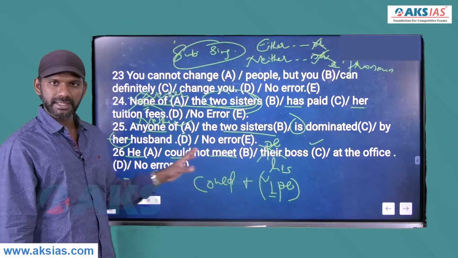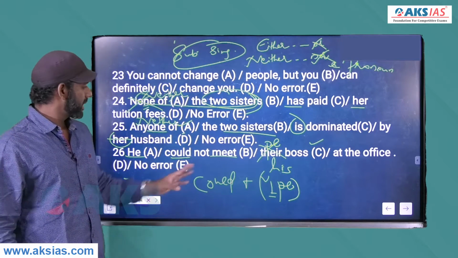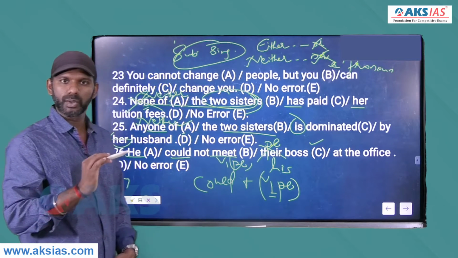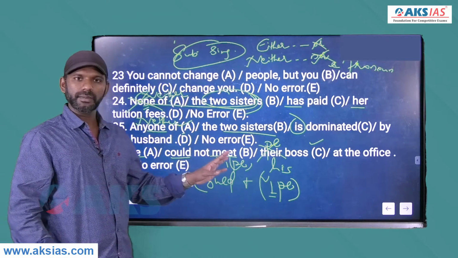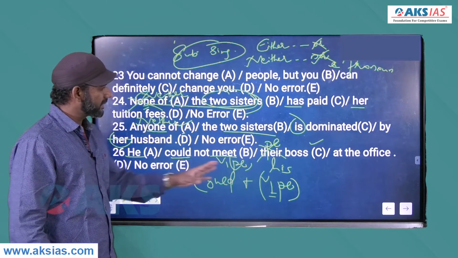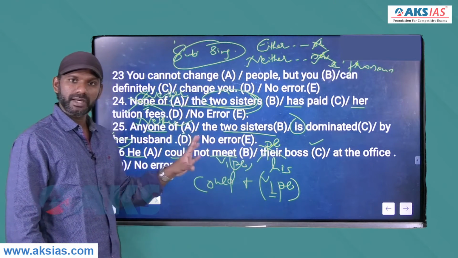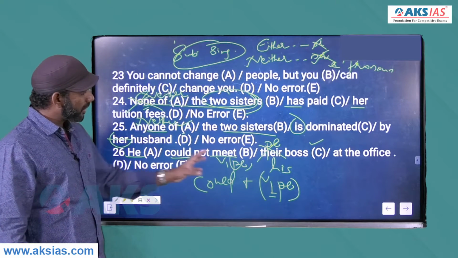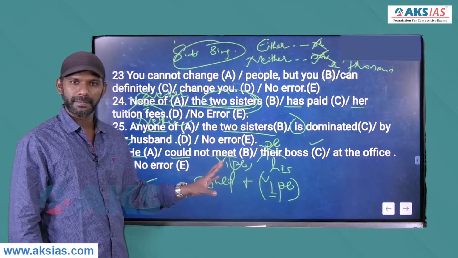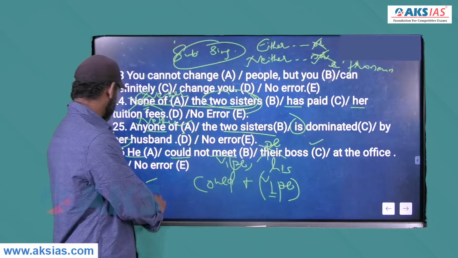So could not meet, instead of could, it's could not, couldn't. Meet is V1 plural because no S, no ES, no IES. So could not meet is could plus V1 plural. That concept is also completely fine. The error in this sentence is in part C. So the correct statement must be: he could not meet his boss at the office. Fine? Come to the next statement.